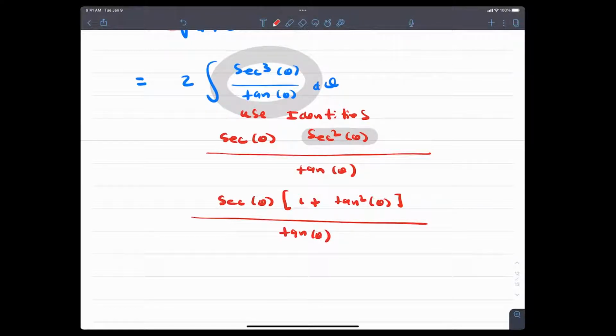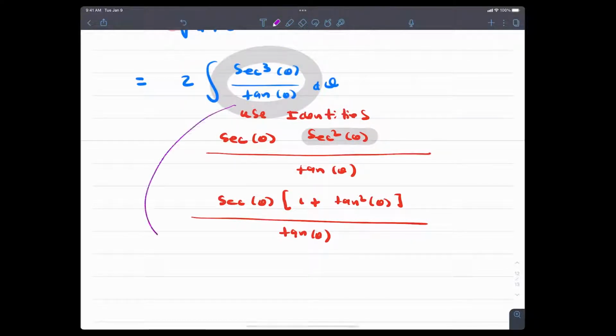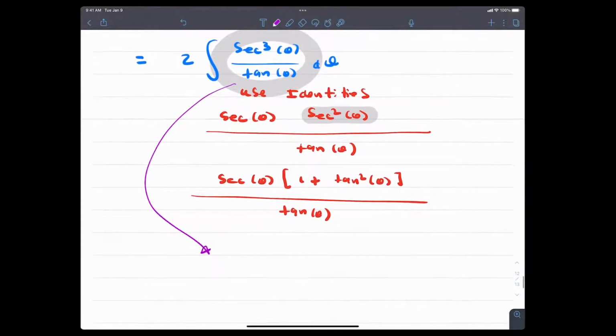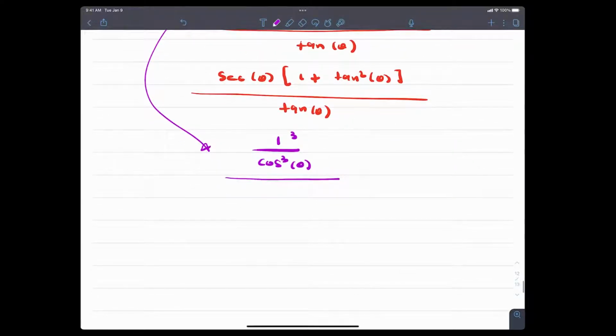So really, what I want to try to do, just from the start, I'm going to do it over here. Change colors. What's the definition of secant cube, or secant? That's 1 over cosine. And 1 cubed is going to be 1, by the way. And tangent is sine over what? Cosine.